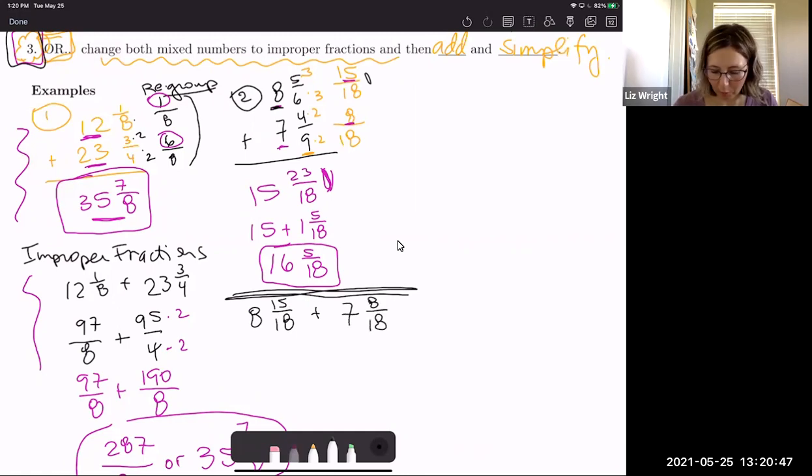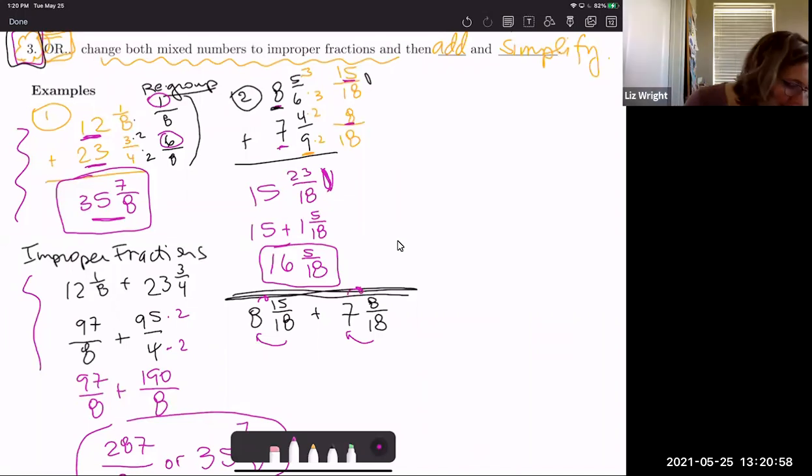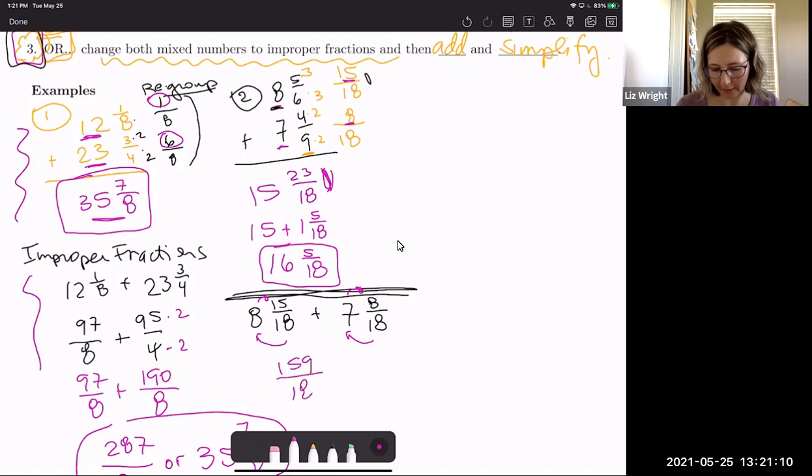And so what we're going to do next is change that into improper fractions, and then we're going to add. So I'm going to do 18 times 8, which gives me 144, plus 15, and that gives me 159. So I'm doing 159 over 18.